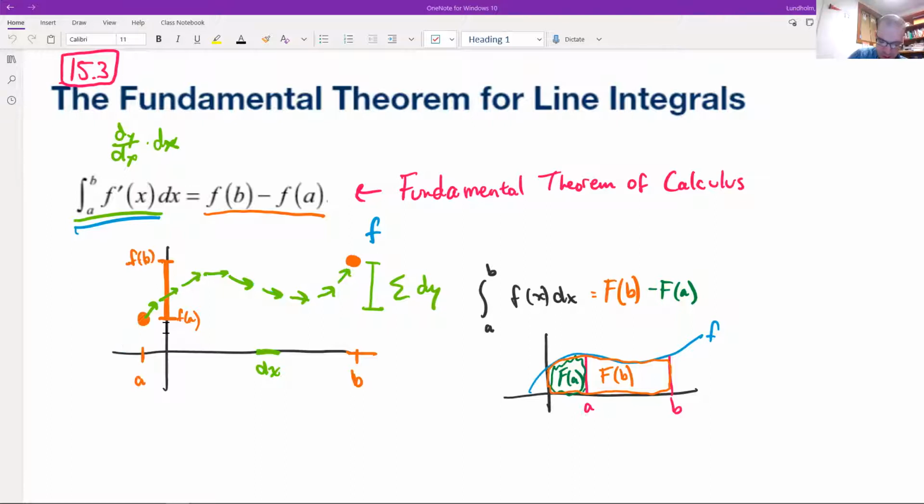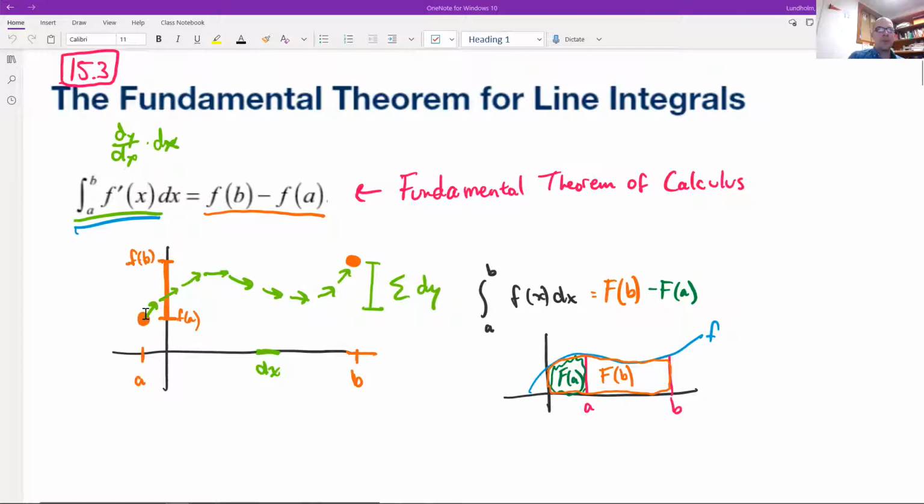I'm just going to erase it for a second. What if you didn't have f, but all you had was information about the derivative? Then what you could do, using your calculus thinking, is add up a bunch of slopes. So that for every change dx in the domain, there is a corresponding change in the range, dy.